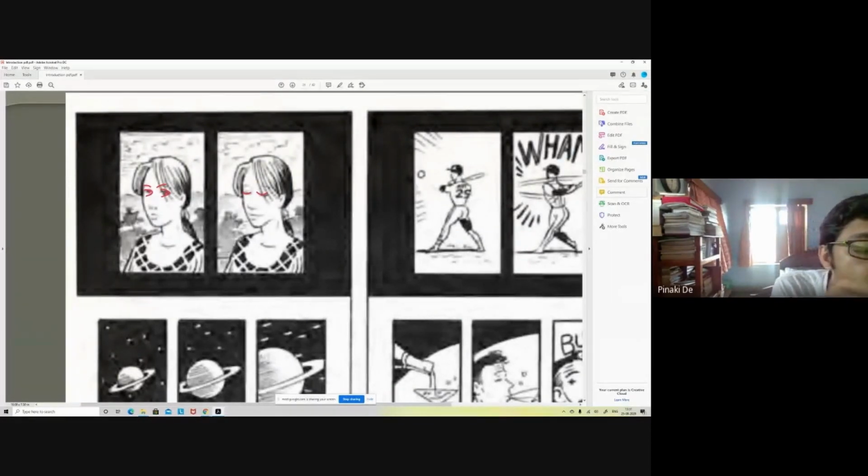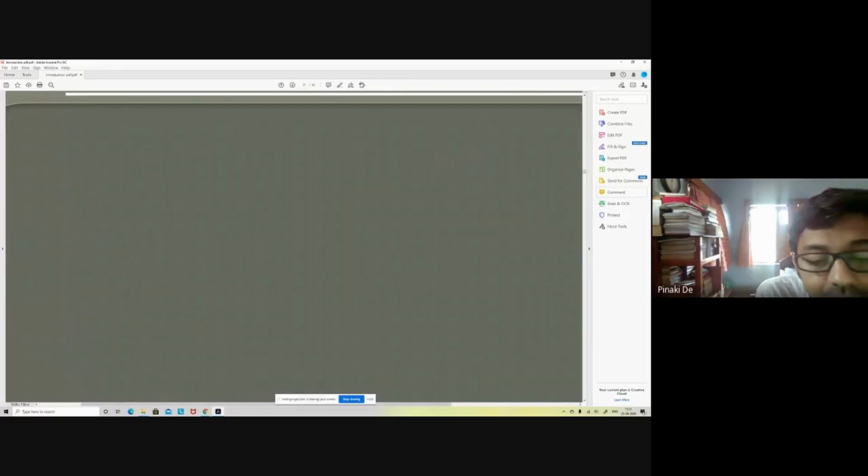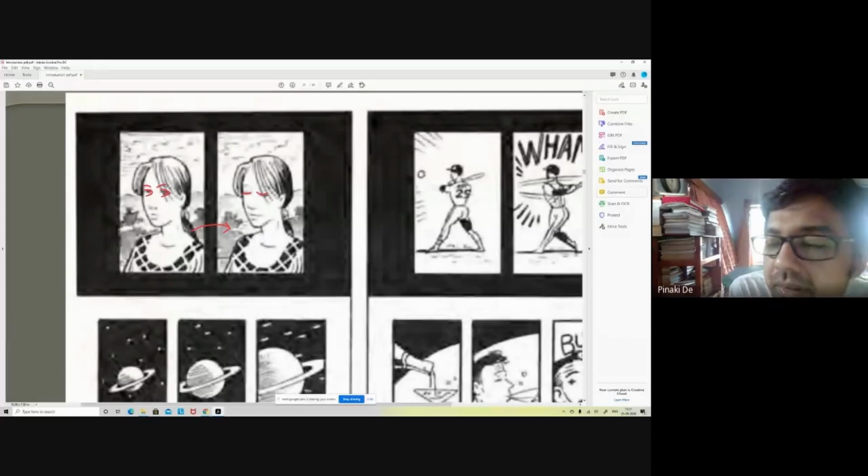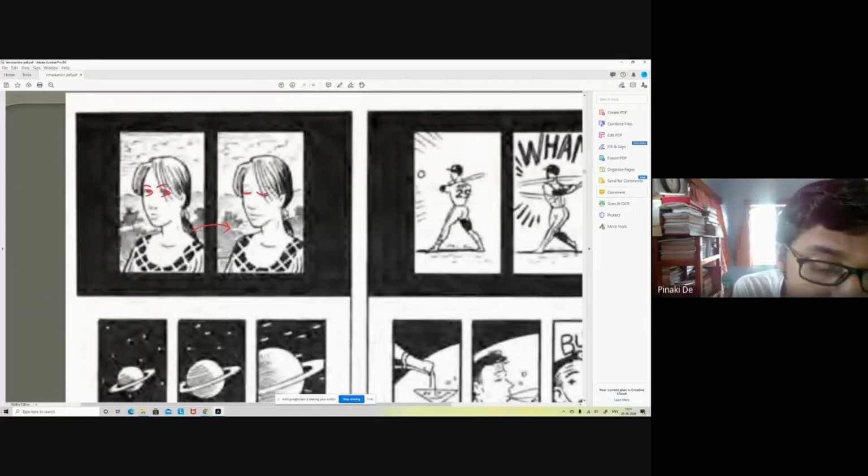He calls it moment to moment transition. That girl had eyes open, and then we move across time, and suddenly the girl closes her eyes. So this is a very simple transition. This is called a moment to moment. Remember, M to M, moment to moment.